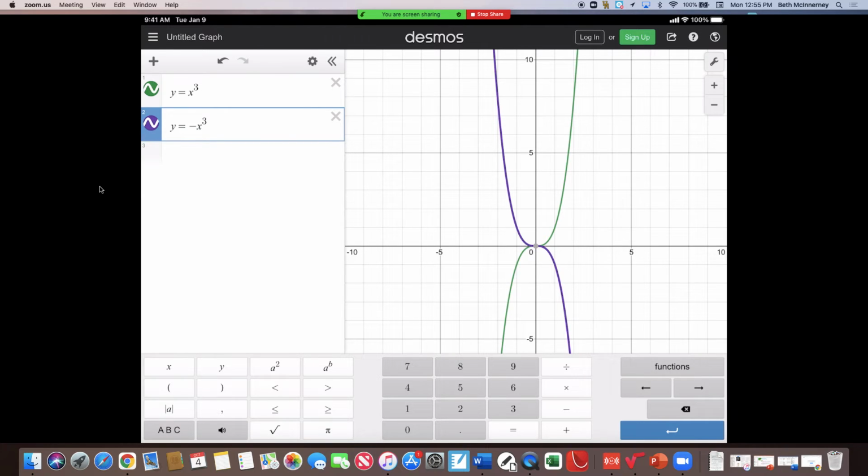So this is x cubed. It did this. When it reflected, putting a negative out front, that reflects this piece, the green one down here, reflects it over the x-axis, and this piece reflected up. So I went from this is x cubed to this is negative x cubed. Okay, x cubed, negative x cubed.